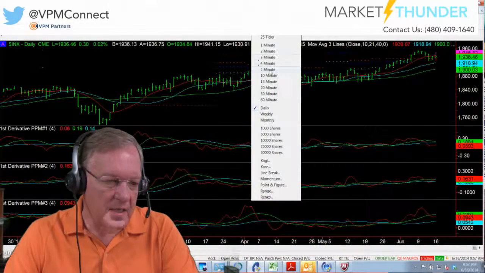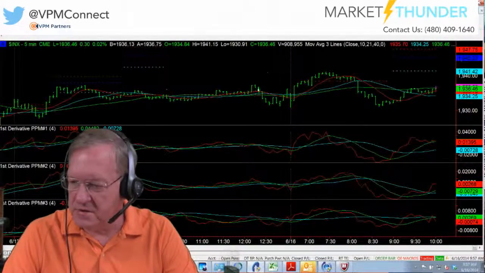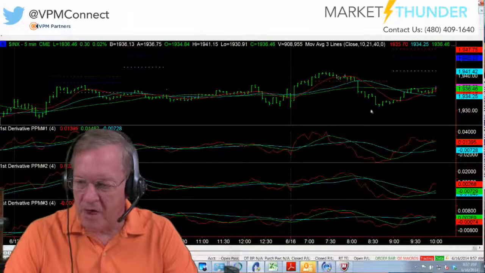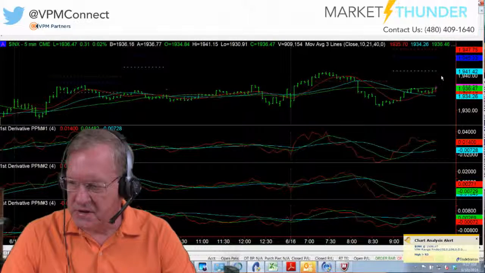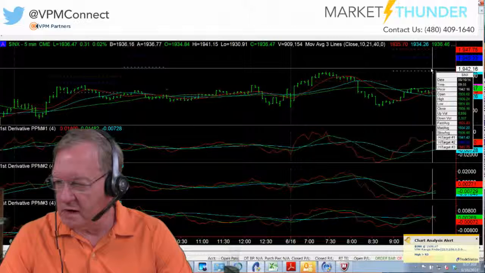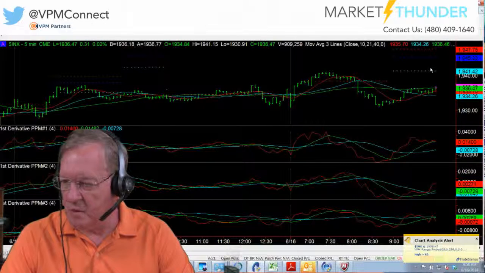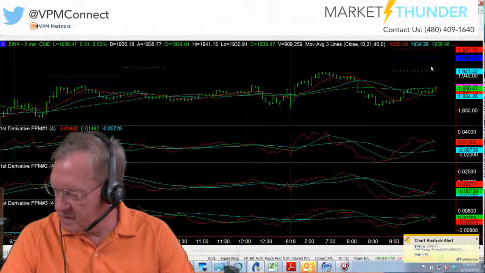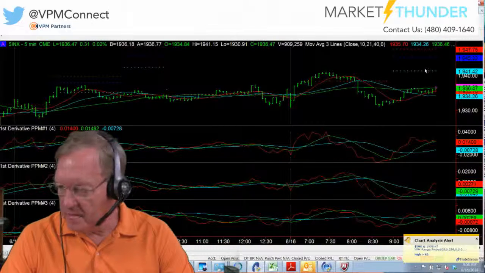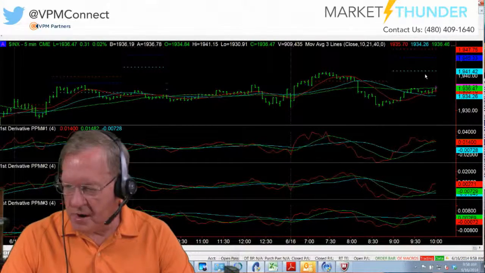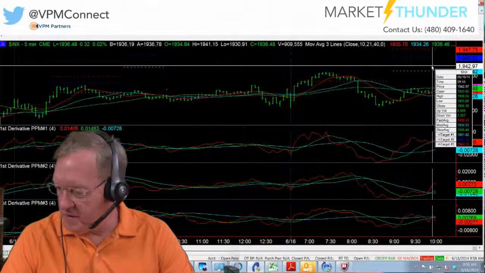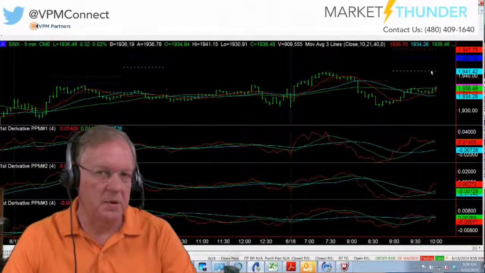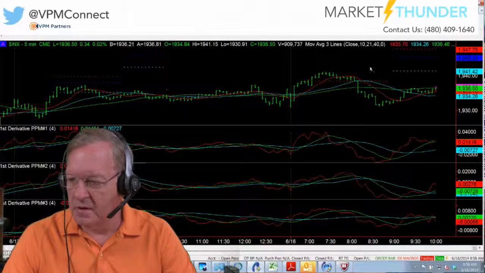I'm going to bring up a 5-minute index, and you can see where we rallied early in the session, we came down, and this is pretty much setting up this next move. Interestingly enough, the Fibonacci objectives here are for it to go to 1941, which is the resistance 2 on today's sheets, and with the possibility going 1945 to 1947, which is the extreme on the upside today. So we'll see if we can get there.